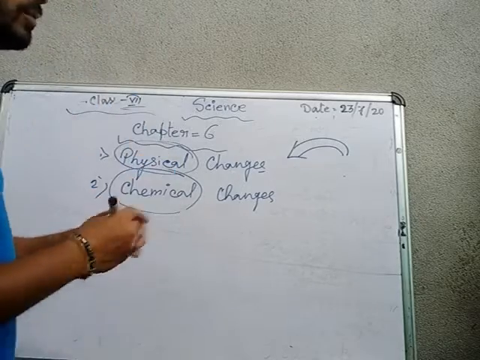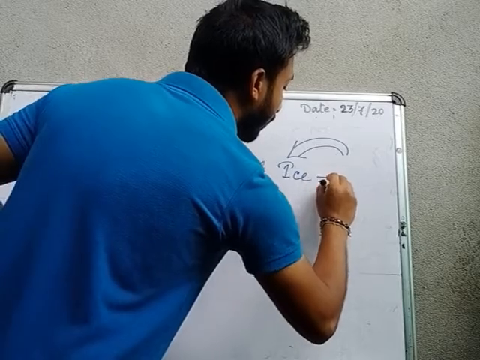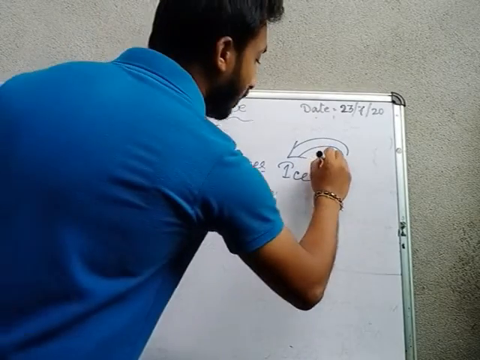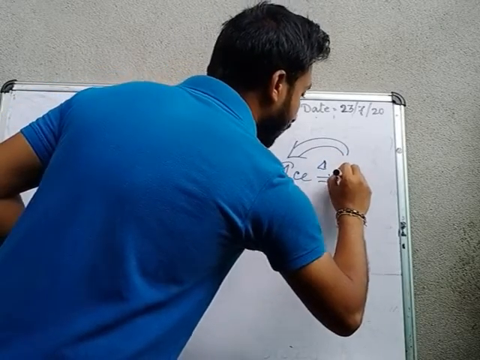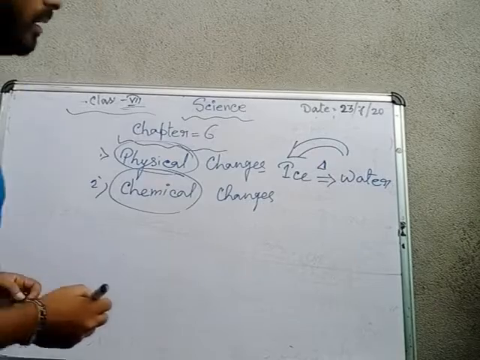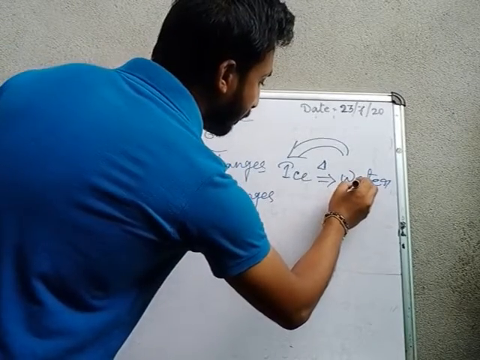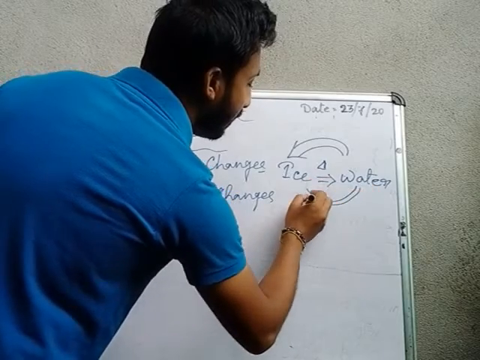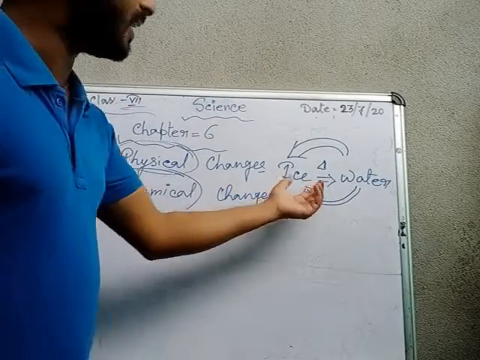Suppose ice is here, by giving some heat it will change into water. If we take the heat from water, it will change into ice again.